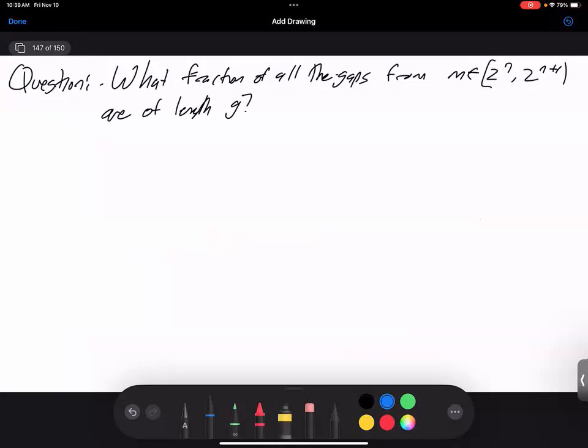So the first thing we need to do is, what is the total number of gaps? We know how many gaps there are of length g, right? So what do we need to do? So for each g, we know how many gaps there are of length g.